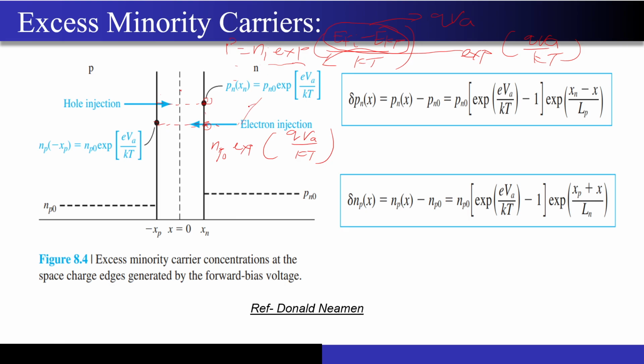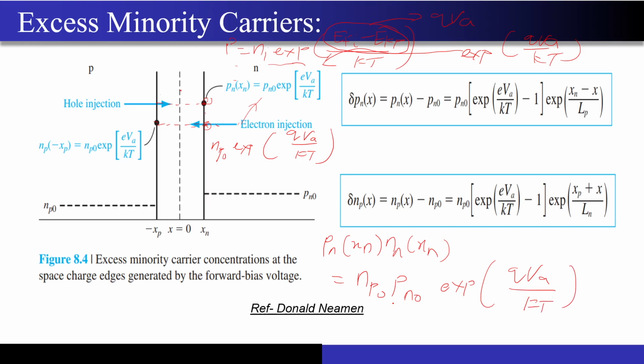Now if I just multiply these two things, what I will get is Pn at xn into Nn at xn, right? It will come out to be Np naught into Pn naught into exponential of qVA by kT, right? Now if you try to find this out, Np naught into Pp naught is ni square, and Pp naught is Na, right?